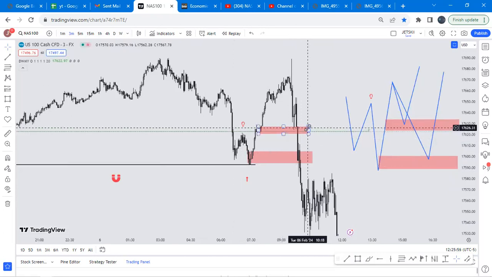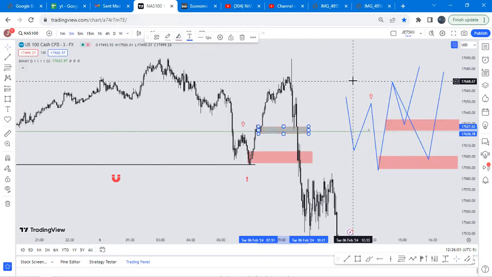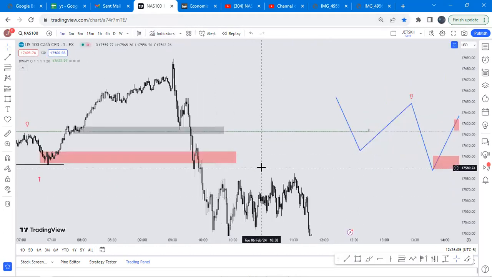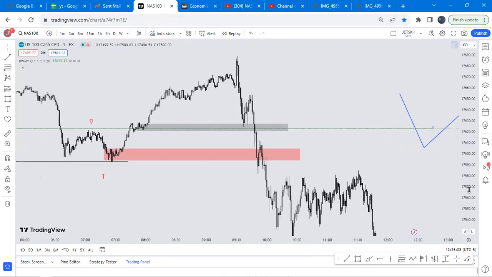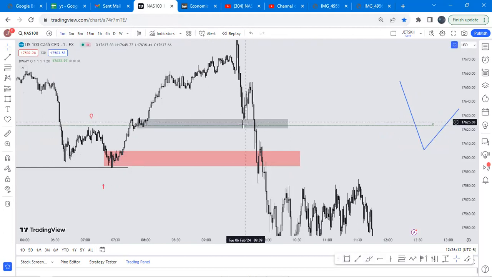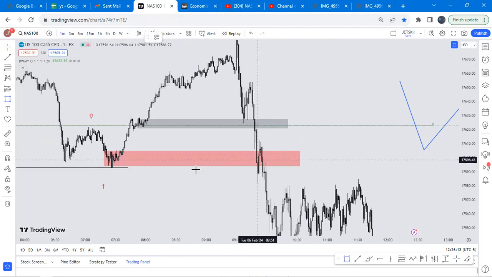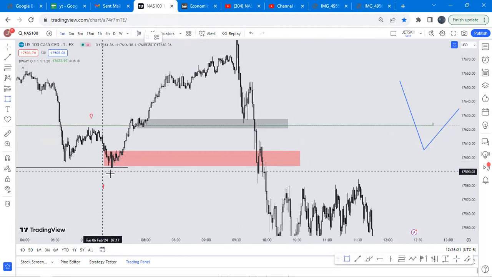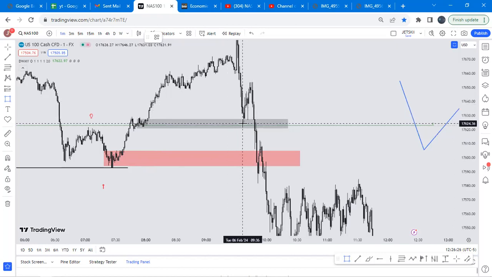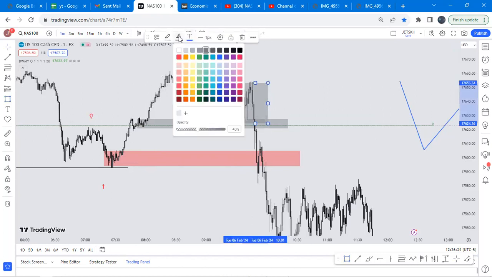So now what we do, we mark this one because it's important, right? Then we drop down to the 1 minute time frame. Here you see it's going to look like this, and then we take this level because we already see that the market has to go lower. Why? Because you have those levels there with the magnet, right? And then we're here, so what we do is form a consolidation at that level.